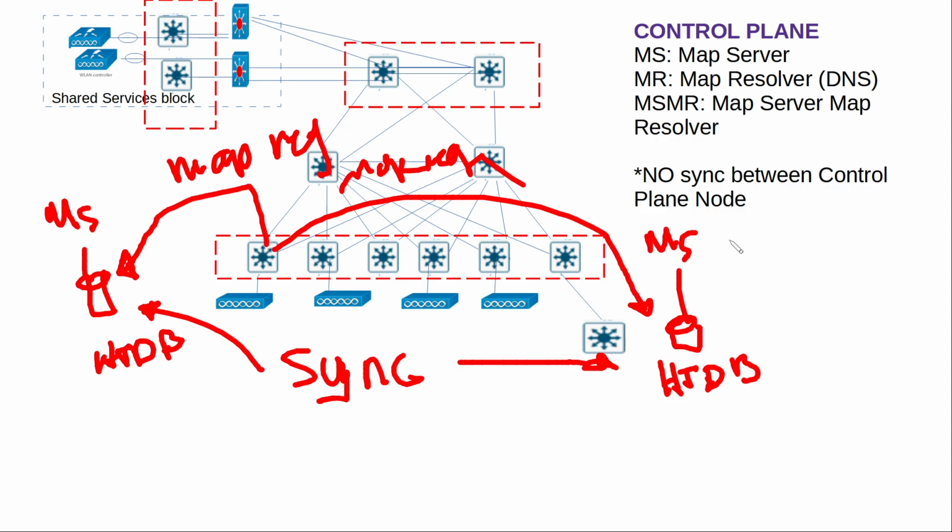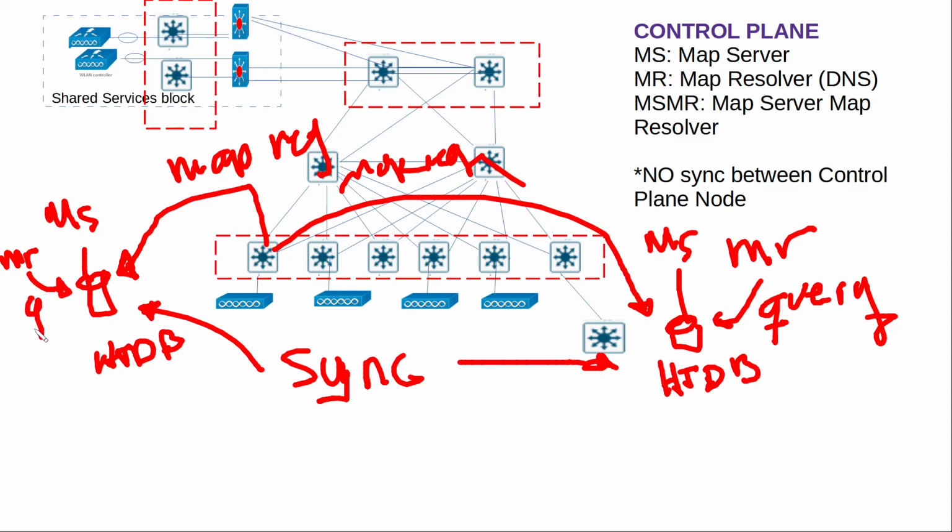I will also have map resolvers. The map resolvers are not in charge of creating or maintaining the host tracking databases. They will only be querying these databases. So the map resolvers will be querying or extracting information from the host tracking databases.